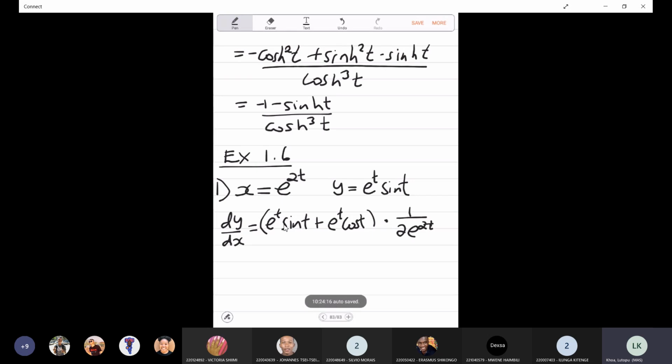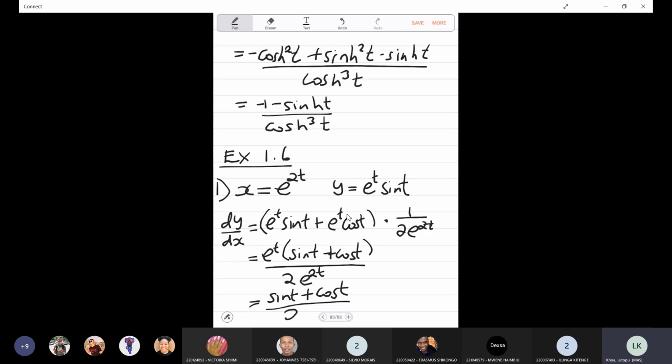Here we can see that e to the power of t is a common factor, so we can take it out: e to the t times (sine t plus cos t) over 2e to the 2t. This just leaves us with (sine t plus cos t) over 2e to the power of t.